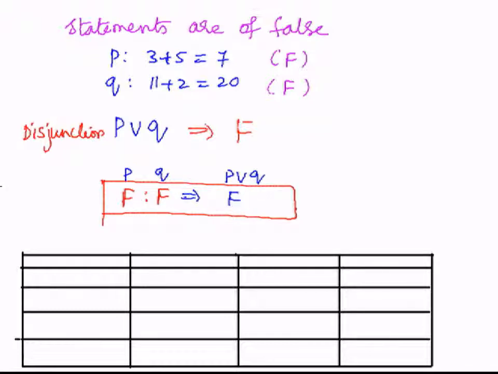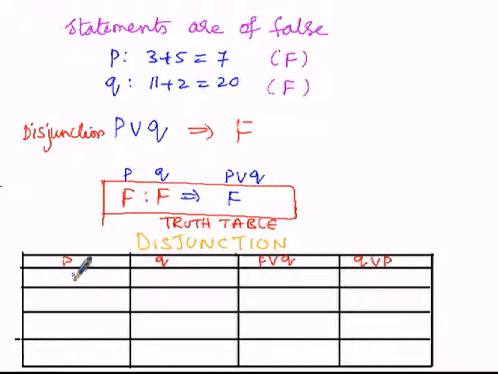Then now here we are going to write the truth table of the disjunction. Here we are going to consider two statements, first statement as P, then second statement as Q. Then now here the disjunction is P or Q and here Q or P. So here since we have considered two statements P as well as Q, there are four possibilities.